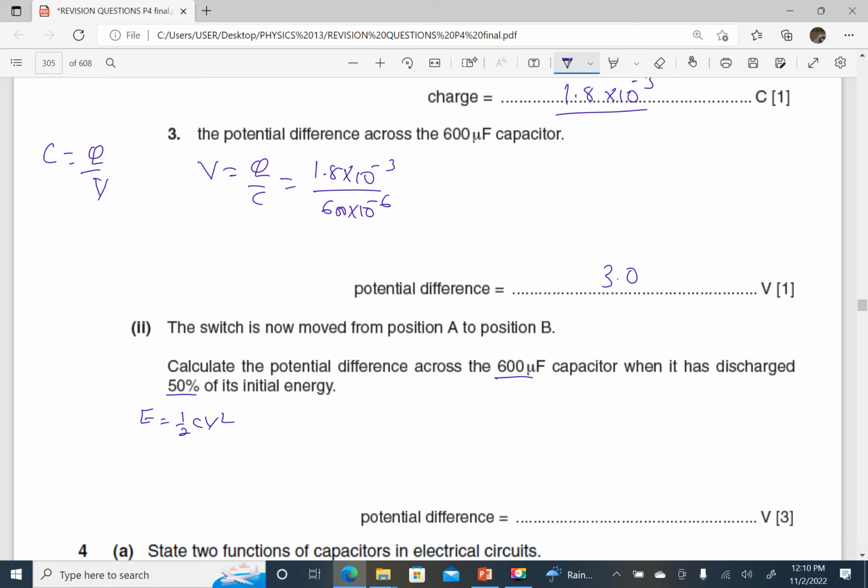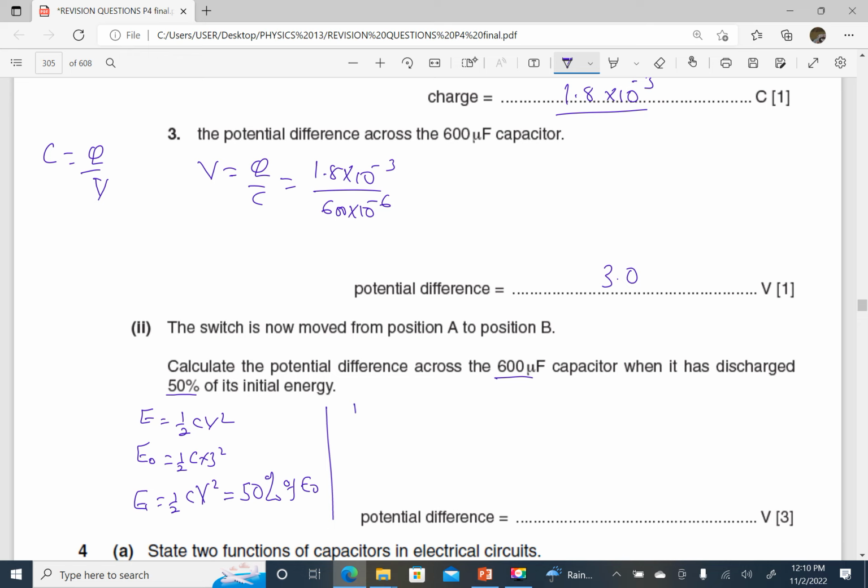Its initial energy depends on its initial PD before it is turned to position B. So initial energy E naught will be a half times the capacitance times 3 squared. Then when it discharges, the energy E1, which is a half C times the new potential difference squared, is the same as 50% of E naught.